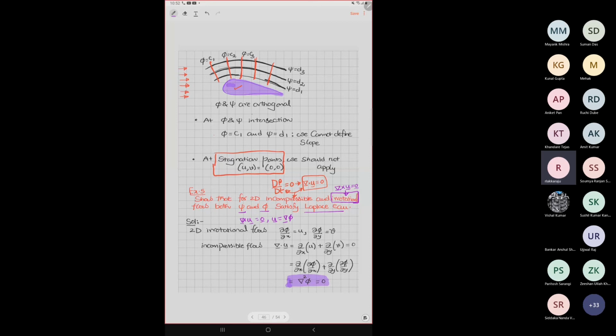So u is equal to del phi by del x, v is equal to del phi by del y. And also it is incompressible, that means del dot u is equal to 0. So del by del x of u plus del by del y of v is equal to 0. That means del by del x of del phi by del x plus del by del y of del phi by del y, which is equal to del square phi, is equal to 0. So the Laplace equation is naturally satisfied for 2D incompressible irrotational flows.